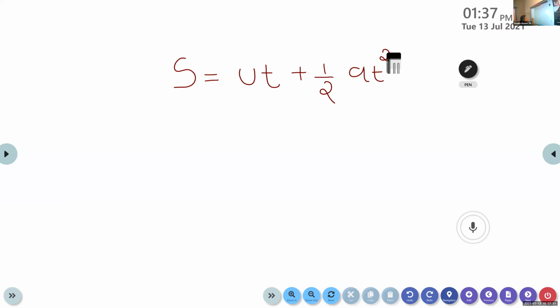Yes, very good. Only if the dimensions of each term on either side of the equation are the same can we say that the equation is correct. So here we are going to check whether this equation is correct or not. For that, we are going to apply the dimension.